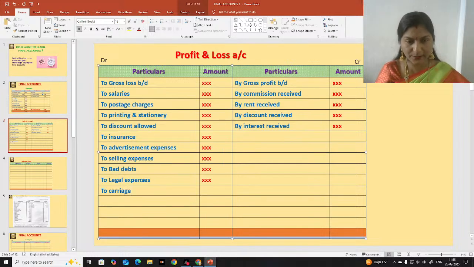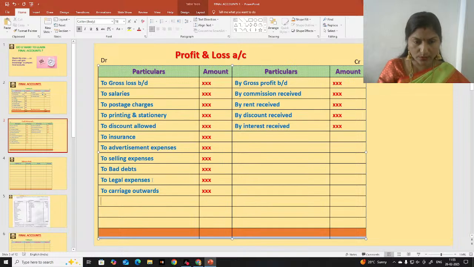Carriage is important here because it appears regularly in the examination. So you may get carriage related items, three: carriage, carriage inwards, carriage outwards. If you get carriage, you record in the trading account debit side. If you get carriage inwards, you record in trading account debit side only. If you get carriage outwards in the question, you should record in profit and loss account debit side. Carriage outwards, always profit and loss account debit side.